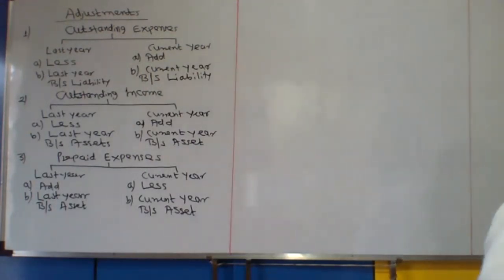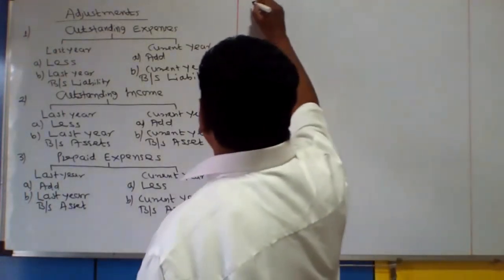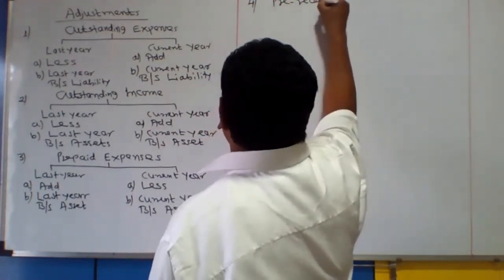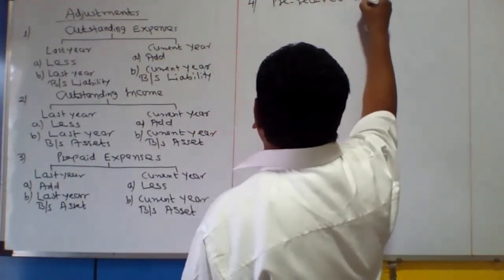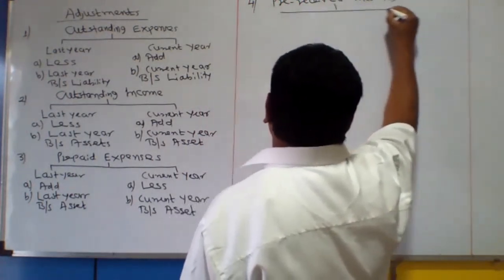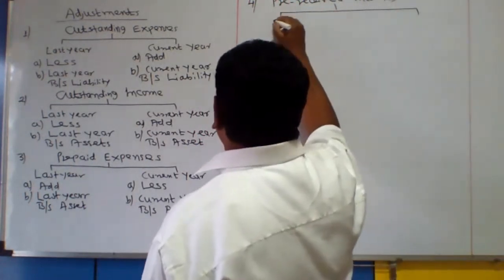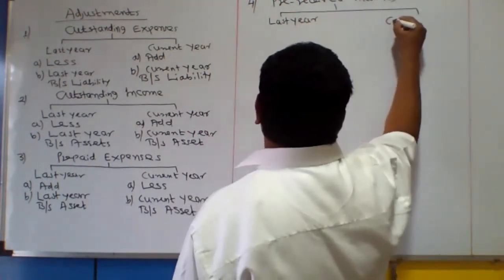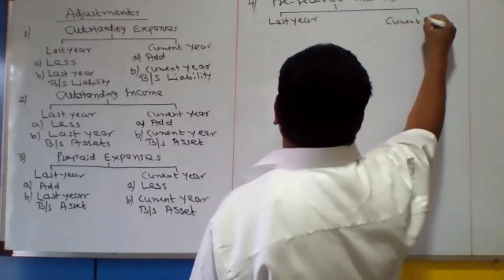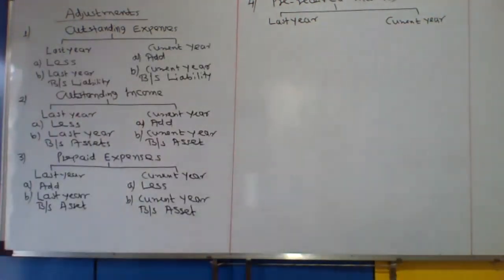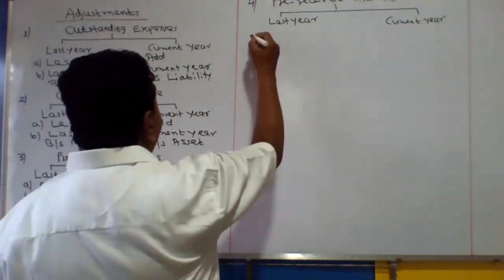So this chart is very, very important. Number 4, pre-received incomes. That is advance income. Incomes received in advance in last year and current year. How to do?